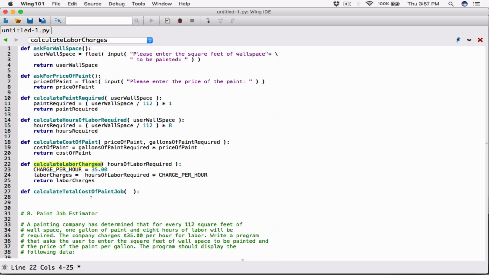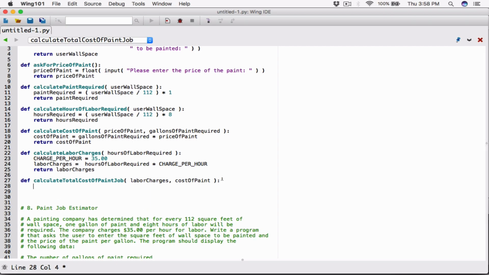So this calculate total cost of paint job is going to need the labor charges and then the cost of the paint. That's all. Because this was just calculating the hours of labor, this was calculating the paint required, this was asking for the price, and this was asking for the wall space. The total charges are going to be the cost of the paint plus the labor charges.